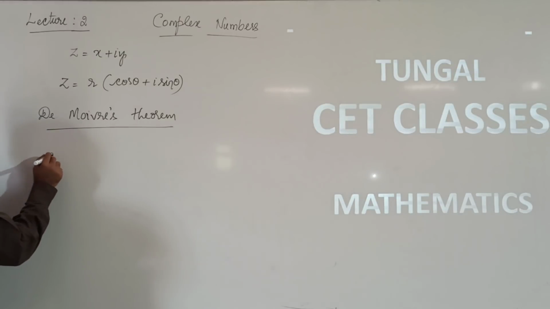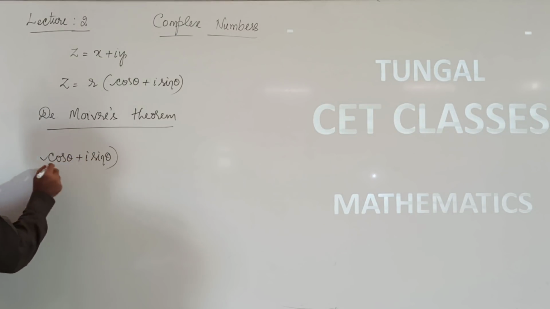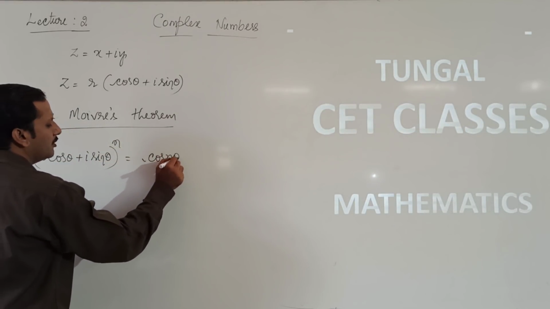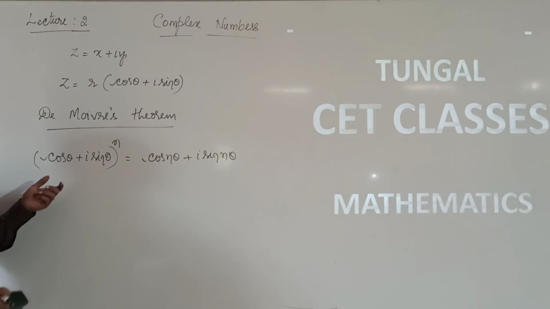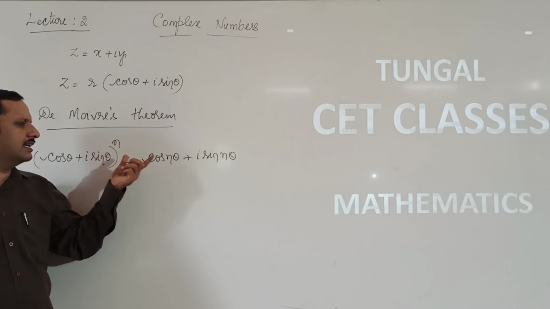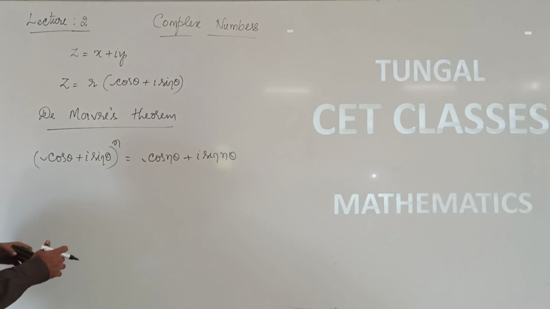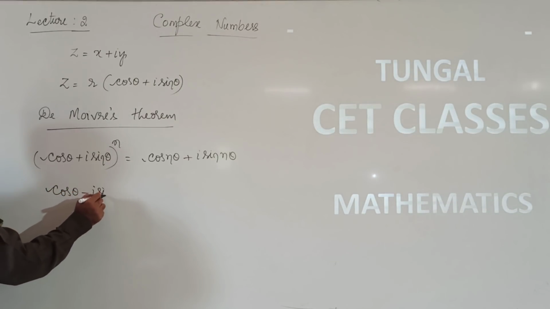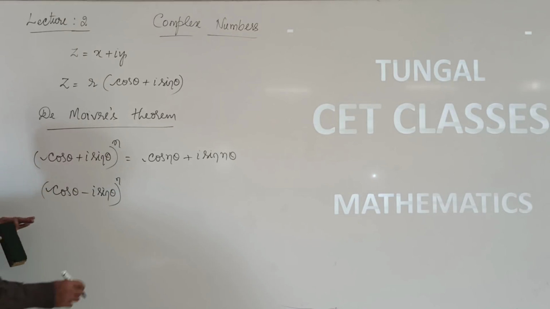What does this say? Cos theta plus i sin theta whole power n is equal to cos n theta plus i sin n theta. And suppose if you have cos theta minus i sin theta whole power n, then what happens?